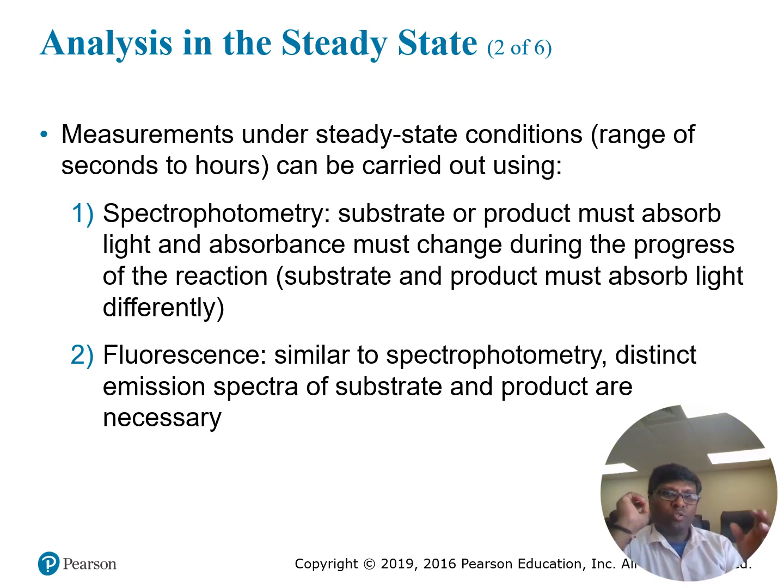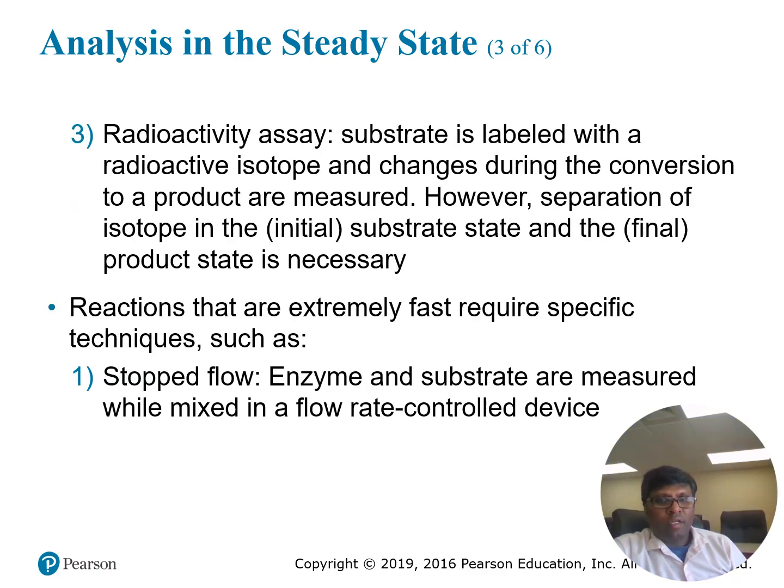The light passes through the buffer, and the substrate made into products absorbs different light, which can be read by the machine. And we also have the radioactivity assay, by providing phosphorus or sulfur, which is part of the amino acids, and then once converted, the signal produced can be measured.